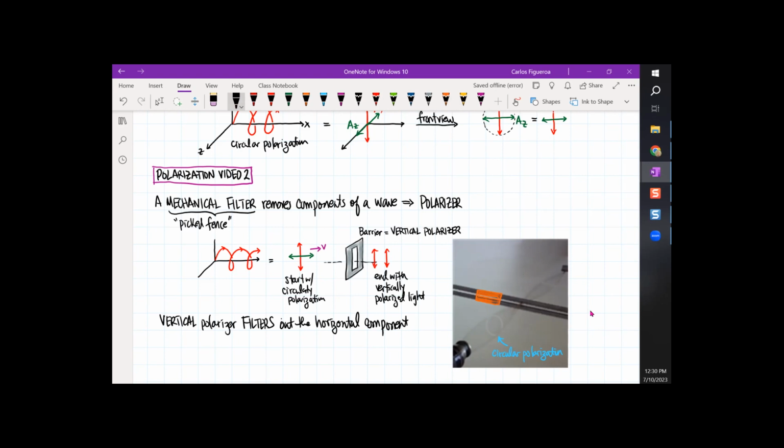So what you're seeing here is that then this guy here filters out the vertical component.